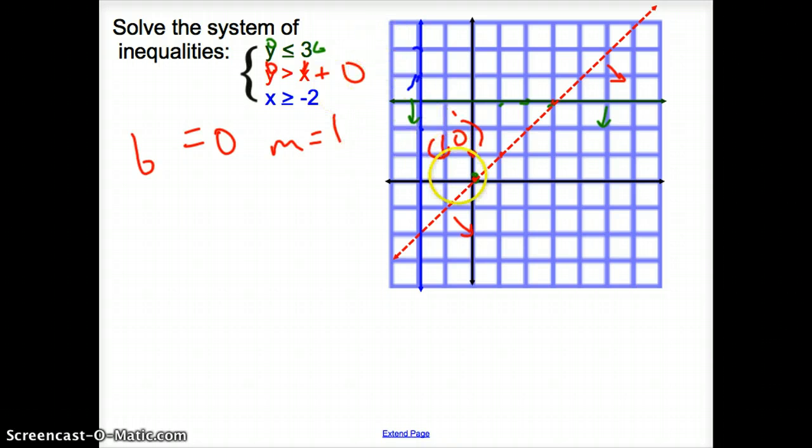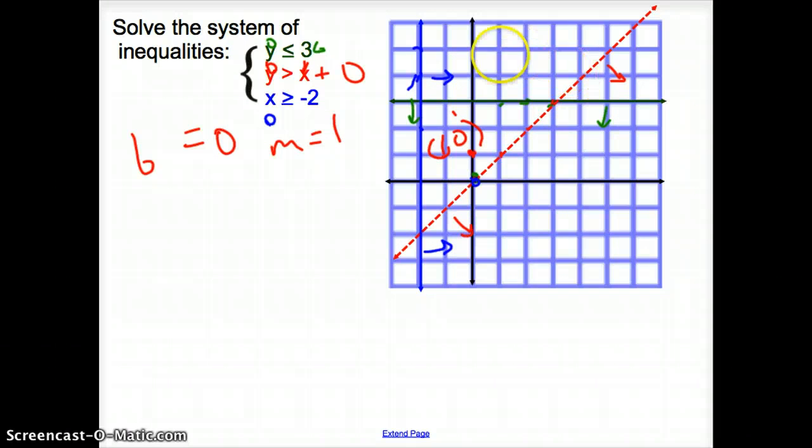Now, again, we have to shade, and I'm going to go back and pick 0, 0 because x is negative 2 is not on 0, 0. So if I put 0 in for x, is 0 greater than negative 2? It is, so I'm going to shade towards the point that I picked.